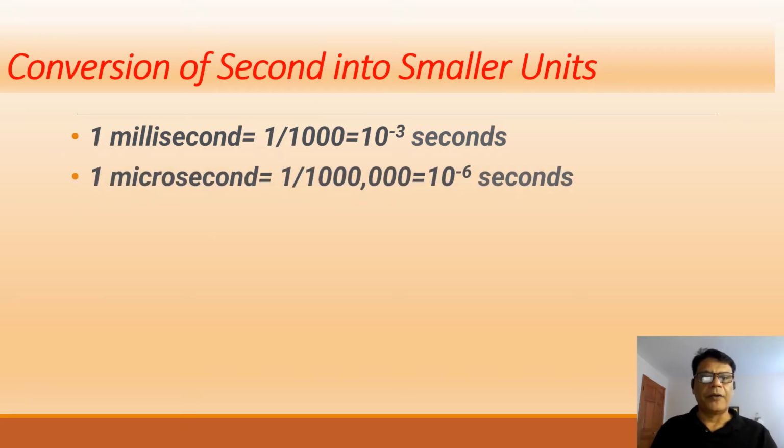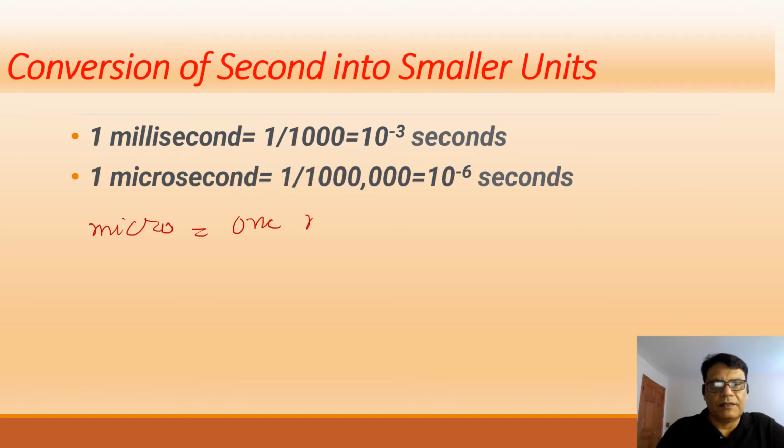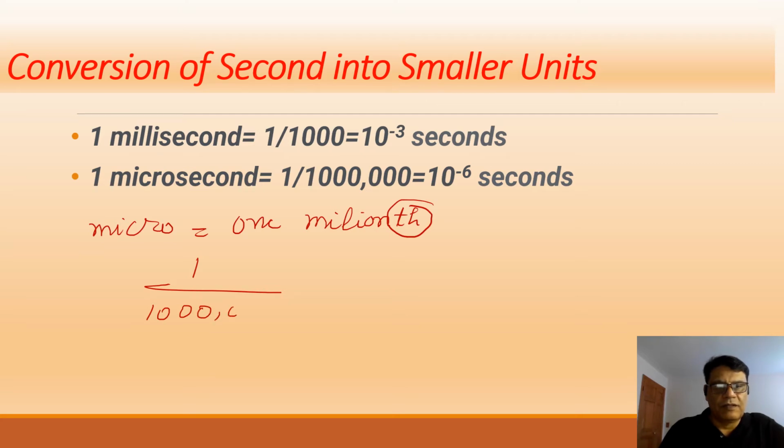Another example, micro. Micro means 1 millionth. 1 millionth, you can write it as 1 divided by 1 with 6 zeros, and you can change it to 10 raised to the power.